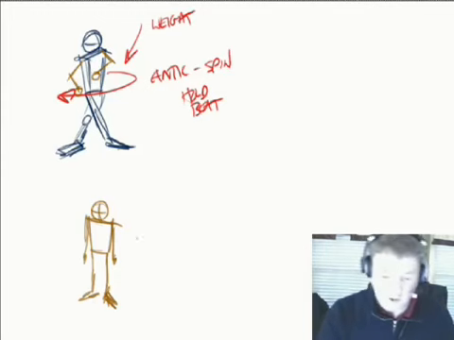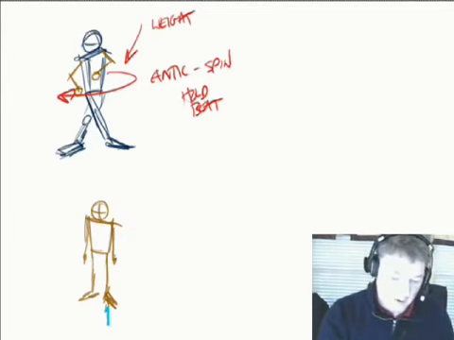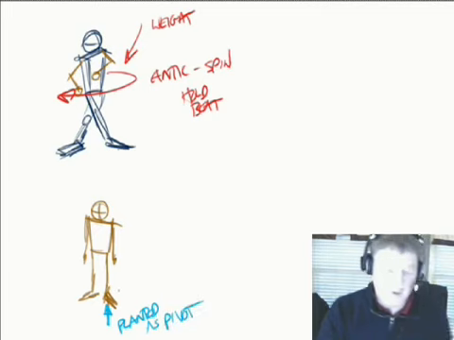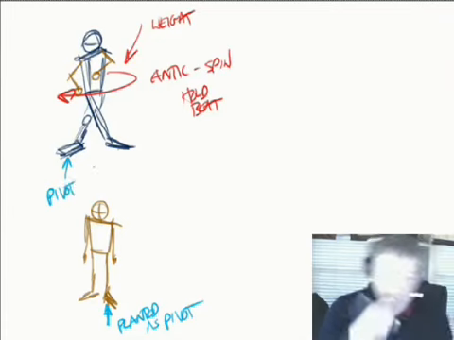you know, just kind of go from there. And so this foot right here is planted as the pivot the whole time. So his left foot is the pivot. Okay, that's important to remember.